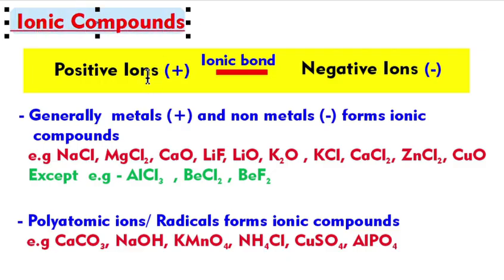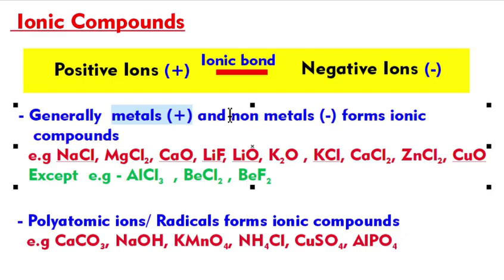So now we said the ionic compounds are made between positive ions and negative ions that attract each other. So they make the ionic bonds. Generally, remember, we learned in the previous session on structure of matter that metals always donate electrons and become positively charged.